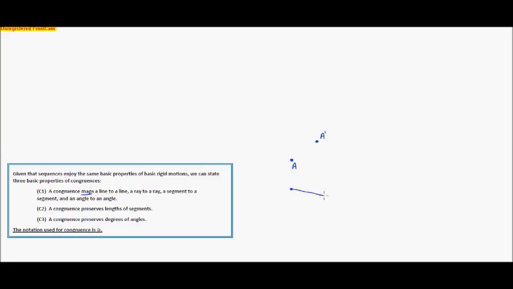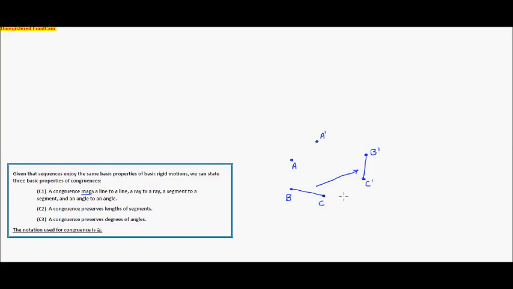If I have a line segment BC, and I do some kind of rotation or reflection or a translation or a sequence of those, and I have a line segment over here, B prime and C prime, and I say that these two are congruent, then that means there is some sequence of reflection, rotation, or translation that maps this line segment to that line segment.